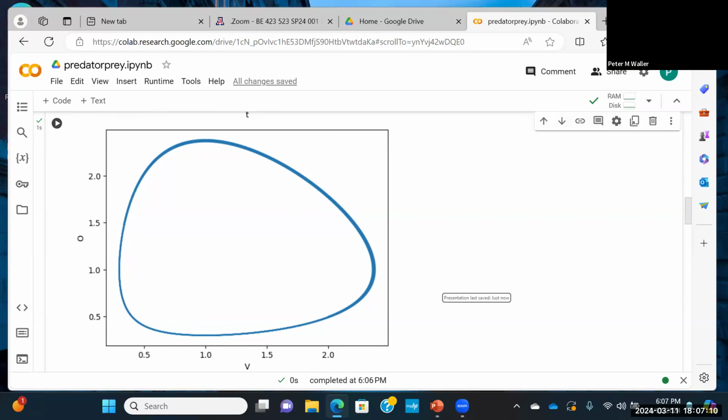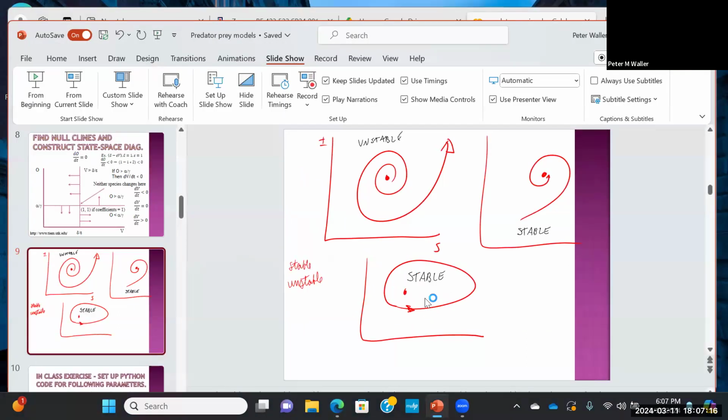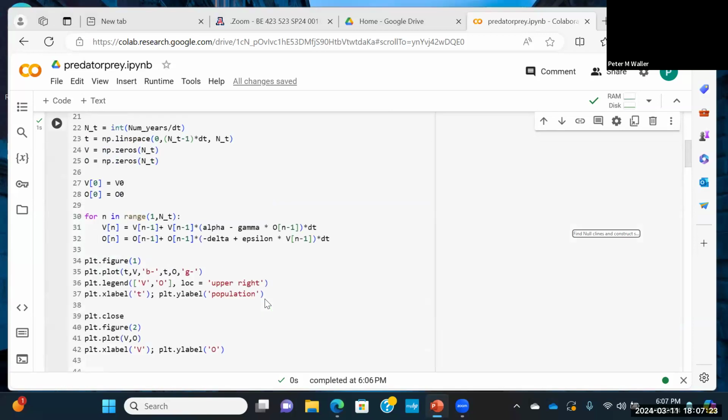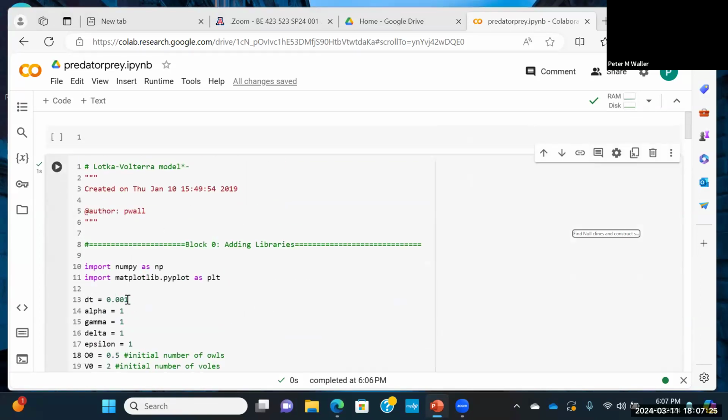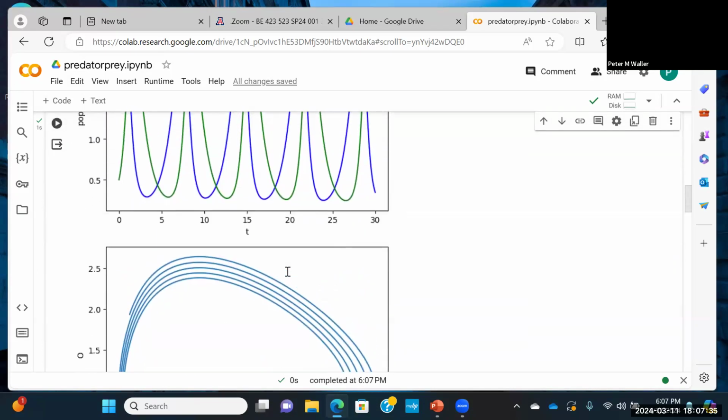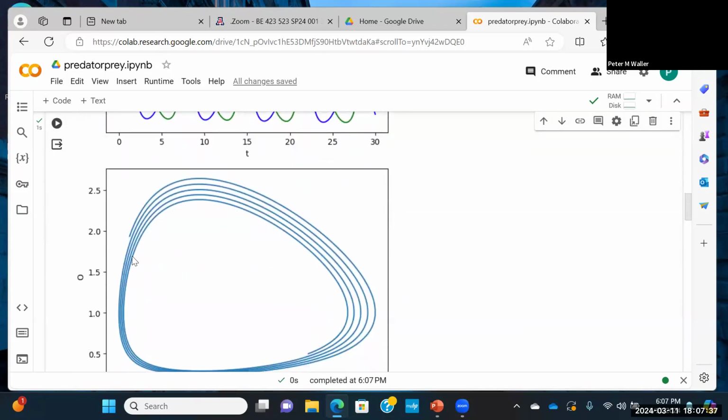And so that's what we called stable. Okay, now let's change our time step to 0.01. Now you can see, for one thing, that it's going in this direction.